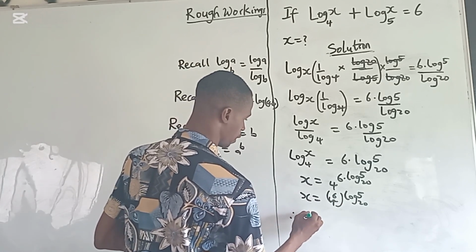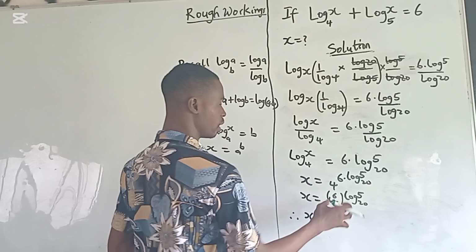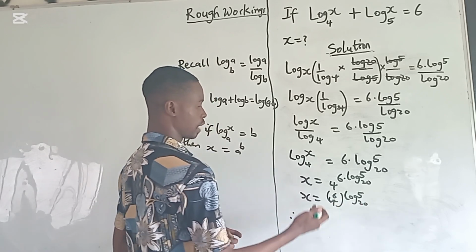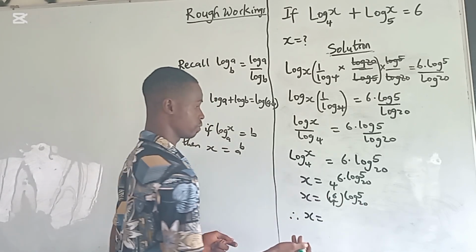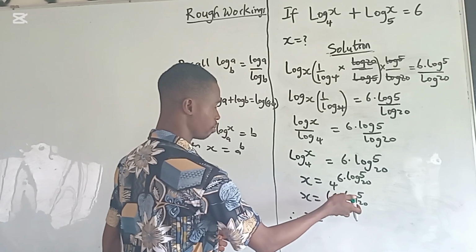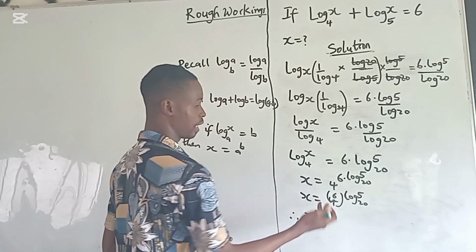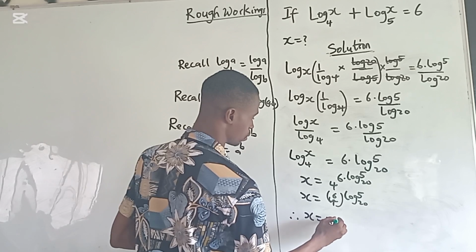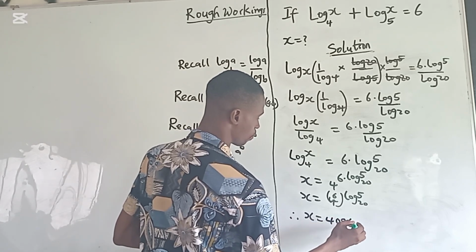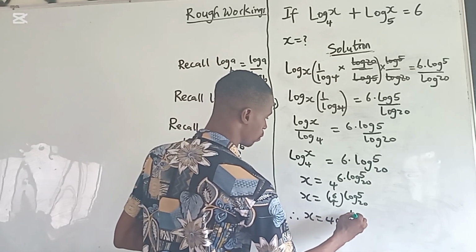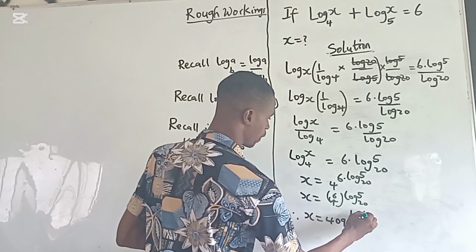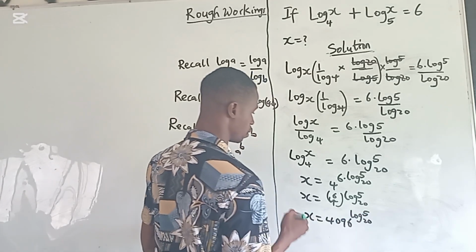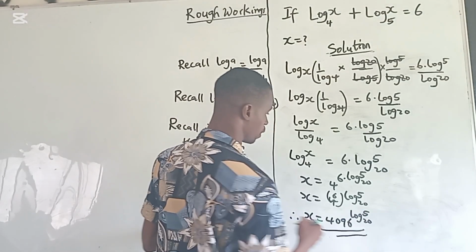Therefore our x is equals to, you can as well leave it as this, or you can also simplify it further, and you can finalize the answer as 4 raised to the power 6 will give us 4096 raised to the power log 5 base 20. So this is the final answer.